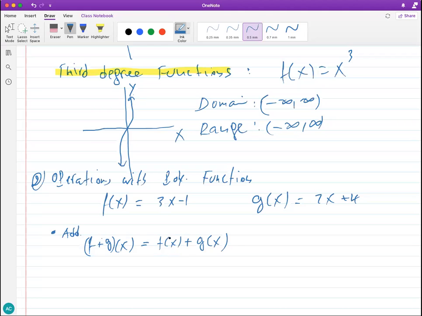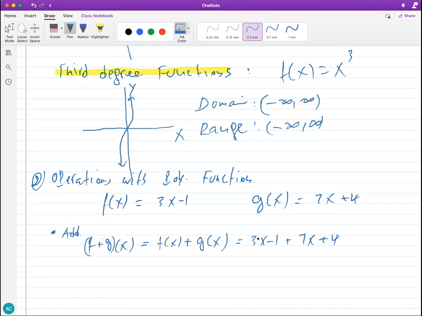Okay, what is f of x equal to? What is f of x from what's given? 3x minus 1. That's right. 3x minus 1 plus 7x plus 4, that's right, g of x, which is 7x plus 4. That's all there is to it. So don't let this notation confuse you. It just means add the 2. You don't even have to write this step.